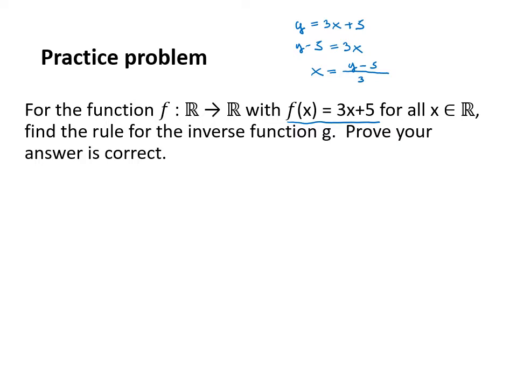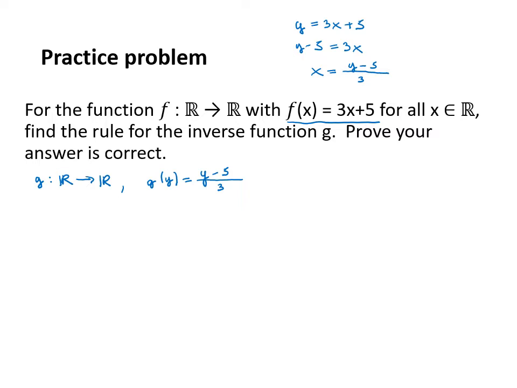So that is our rule for g. So g is a function which also maps R into R, and the rule is that g of y is equal to y minus 5 divided by 3.